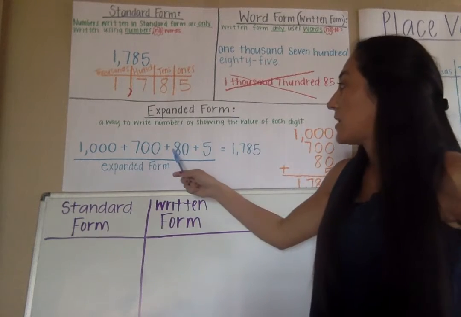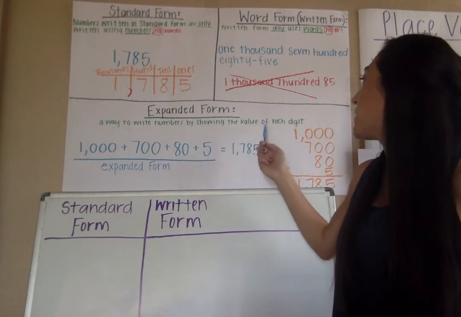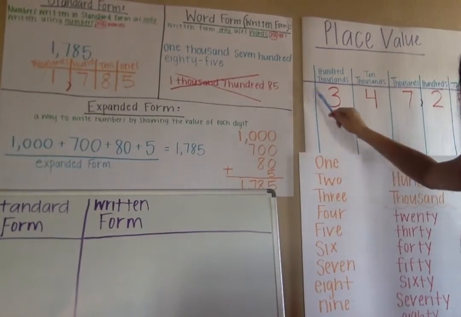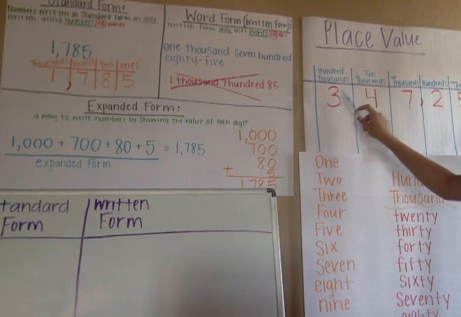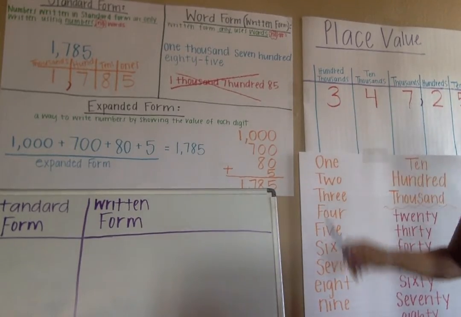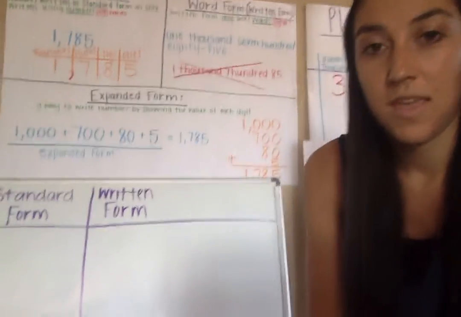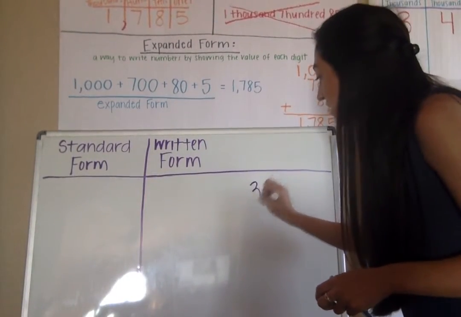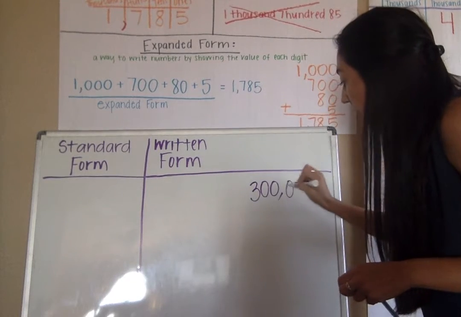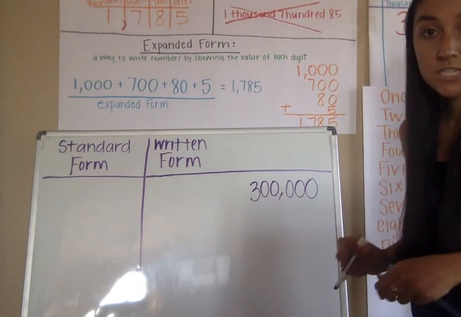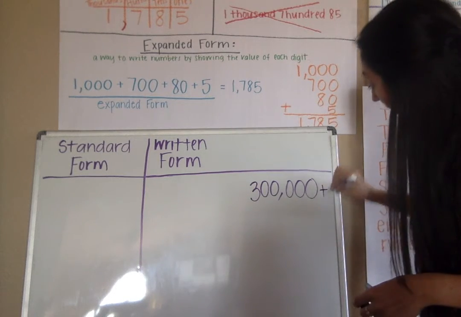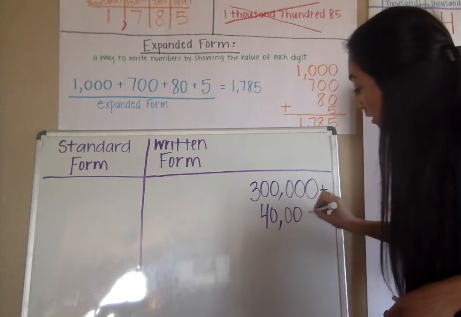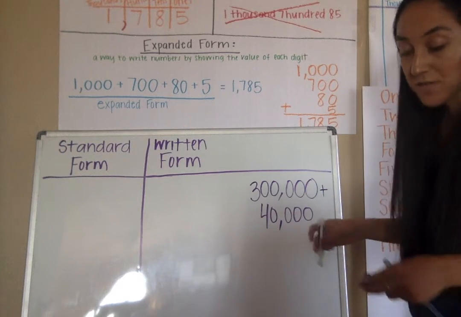And then again, expanded form is a way to write numbers by showing the value of each digit. So just like I was talking to you over here, that this 3 represents 300,000. So when you write out, if I had expanded form on my chart and I had to write out 300,000, I would have to write it like this in expanded form and then add whatever is in the 10,000s place, which would be the 4, that represents 40,000.